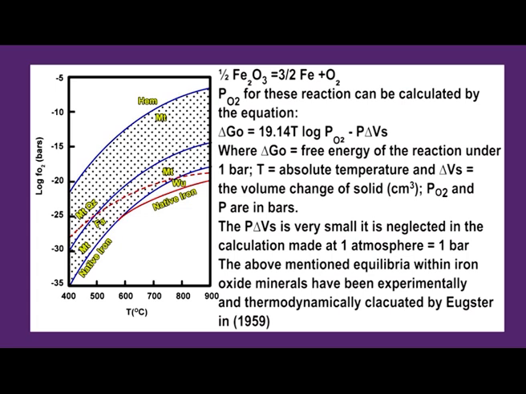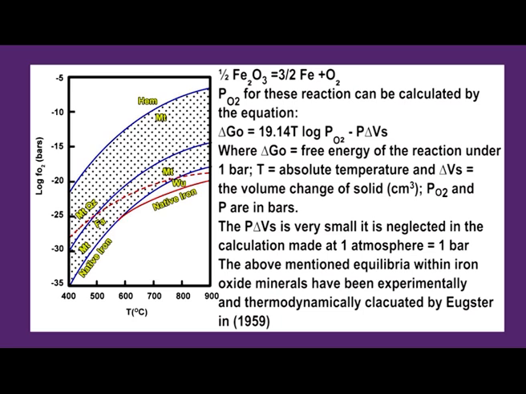PO2 for this reaction can be calculated by the equation delta G0 equals 19.41 T log PO2 plus P delta Vs, where delta G0 is the free energy of the reaction under 1 bar, T is absolute temperature, and delta Vs is the volume change of the solid in cubic centimeters.